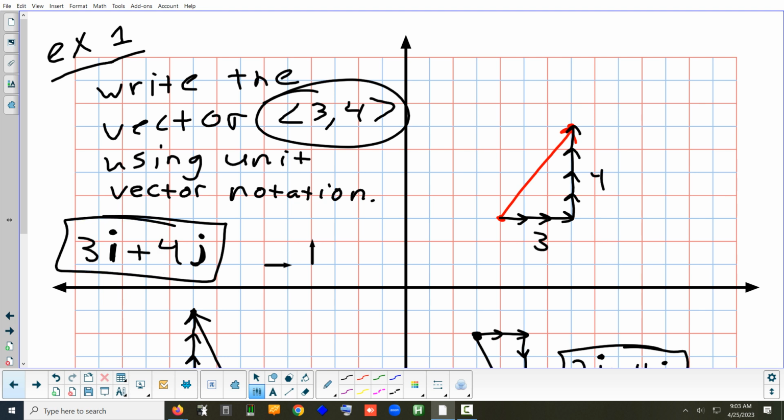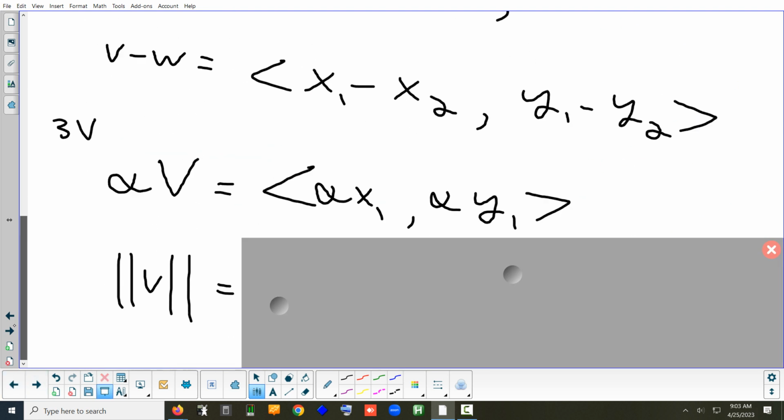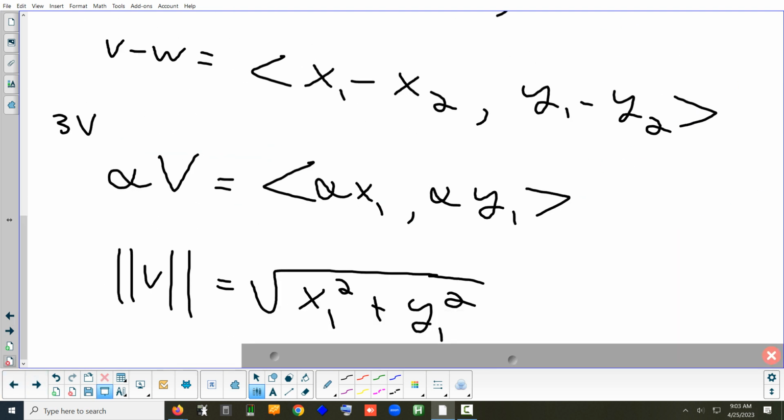You add them together and you take the square root. So x squared plus y squared equals the length of your vector squared. So it is the Pythagorean theorem. And there's the formula: x component squared plus the y component squared, and you take the square root. And as I mentioned earlier, you always get a positive answer out of that, because distance can't be negative.